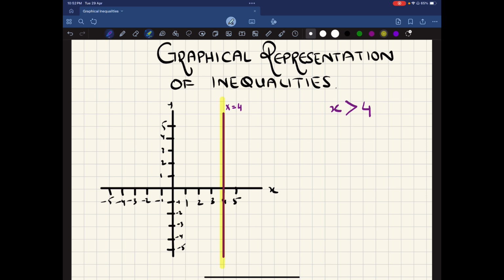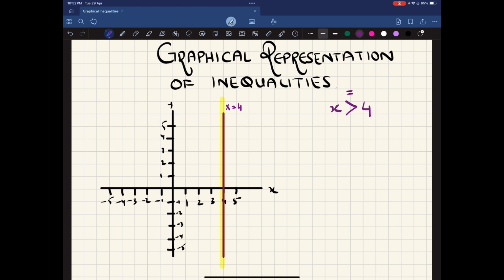So whenever you're given an inequality and you need to show it on the graph, you should first plot the line and replace the inequality sign with the equals to sign. Okay? Once you've done that, then you need to figure out what is the required region. Okay? So basically there is a wanted region and an unwanted region.